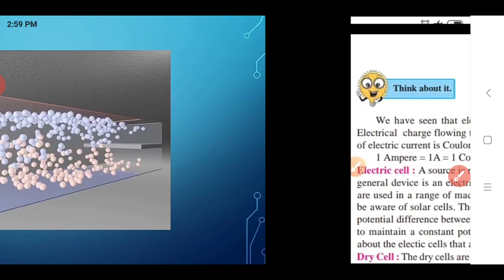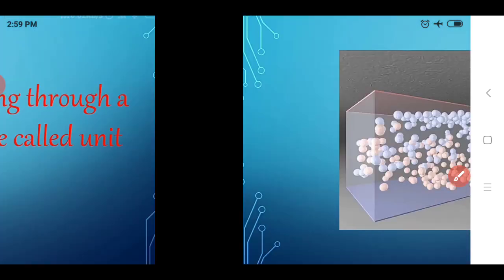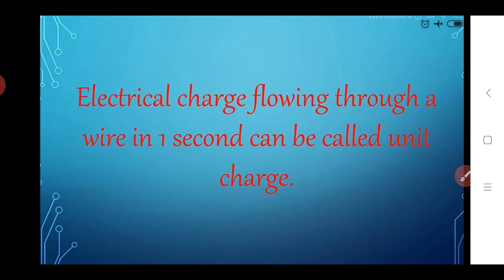Okay, now we see the next point. What actually happens when electric current flows, or with the help of what the electric potential is maintained during the flowing of that electric current. So here we see another point, that is the electric cell.